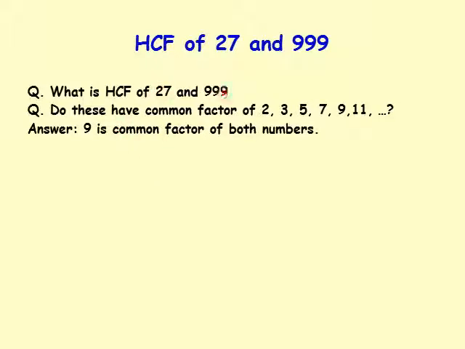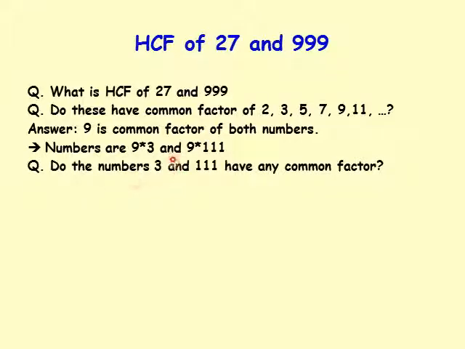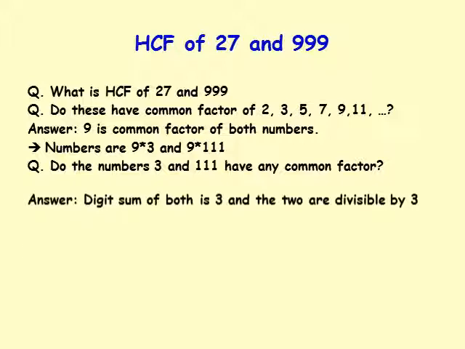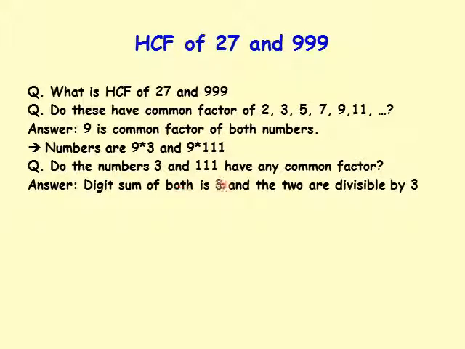So the first number is 9 times 3, and the second number is 9 times 111. We have 3 and 111 as the factors to worry about. Do these two have a common factor? The digit sum of both is 3, and they are divisible by 3.